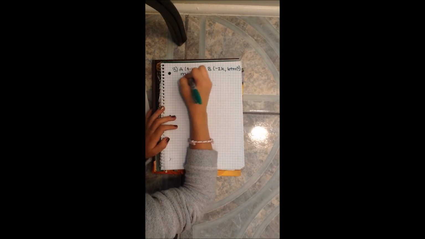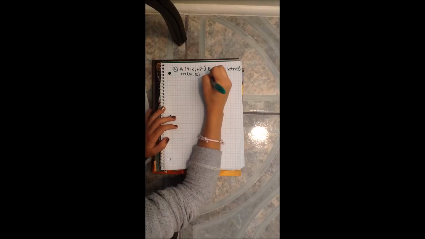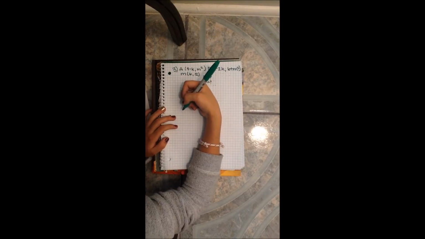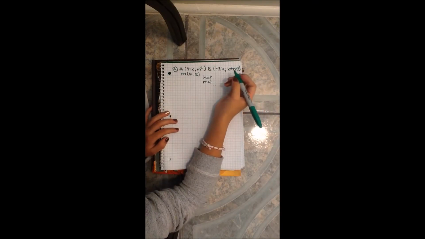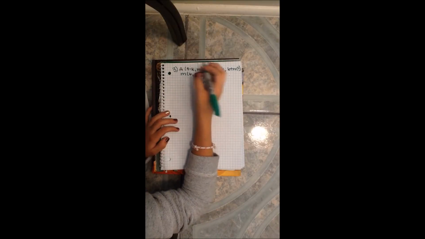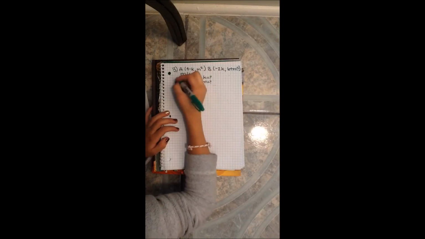My midpoint is 6 comma 12, so I have to find what k and m are. I'm going to find k first, so put in my k values.